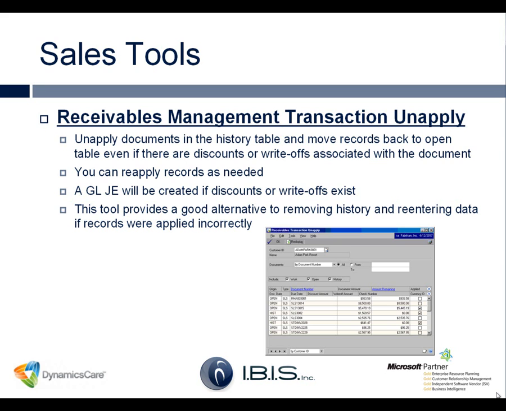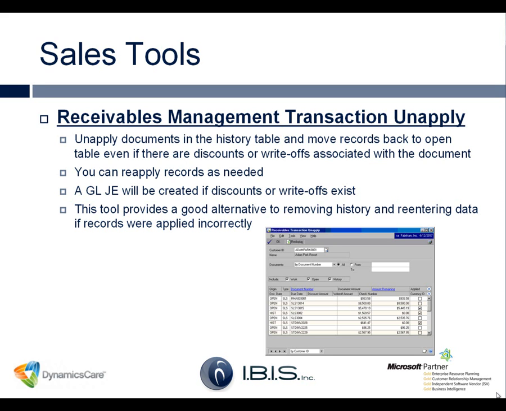Okay, receivables management transaction unapply. With this tool, you are able to unapply documents that are in the history table. Move those records back to the open table, even if discounts or write-offs are associated with the document. And then reapply those records as needed.